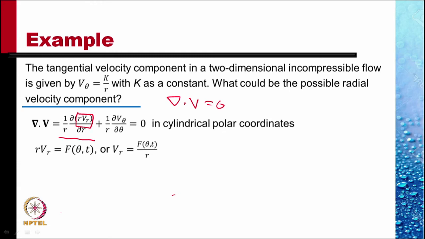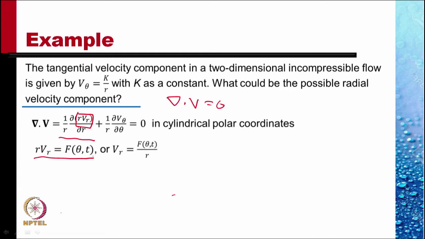It should not change with r. That is, r Vr can be a function of theta and t only, not of r.